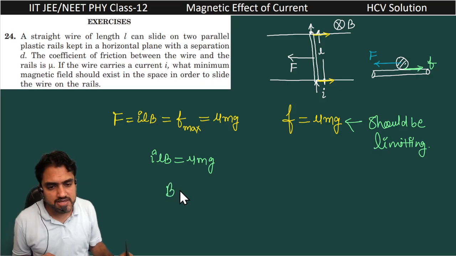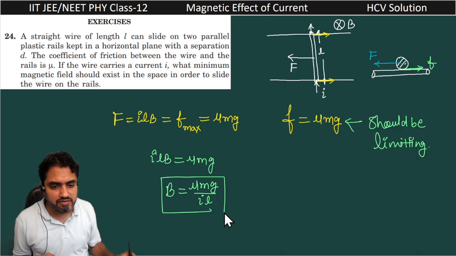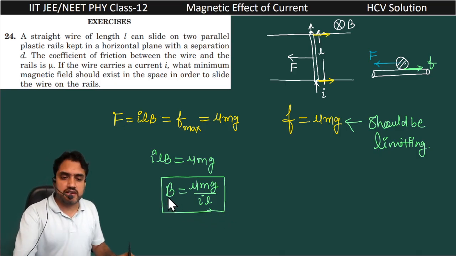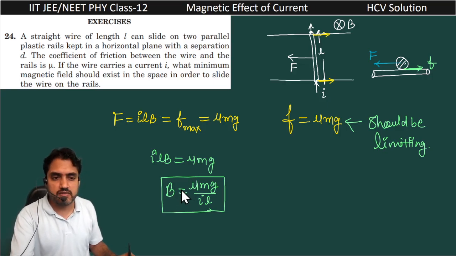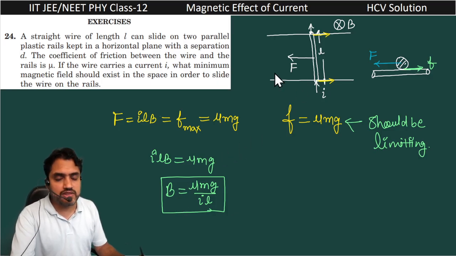So B is equal to mu mg divided by L into I. So this is the minimum value of magnetic field so that this rod just starts to slide on these rails.